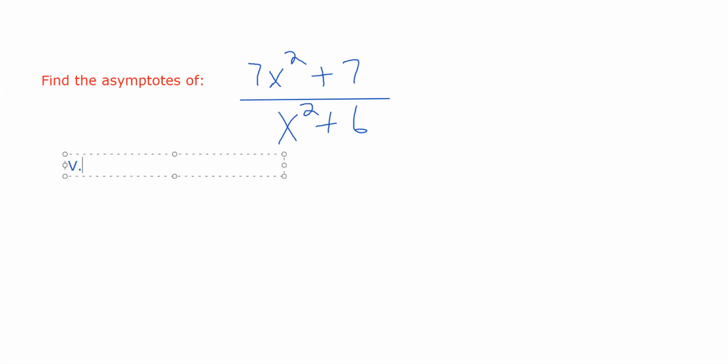So we'll start with VAs, vertical asymptotes. Well, we're going to set that denominator equal to 0.